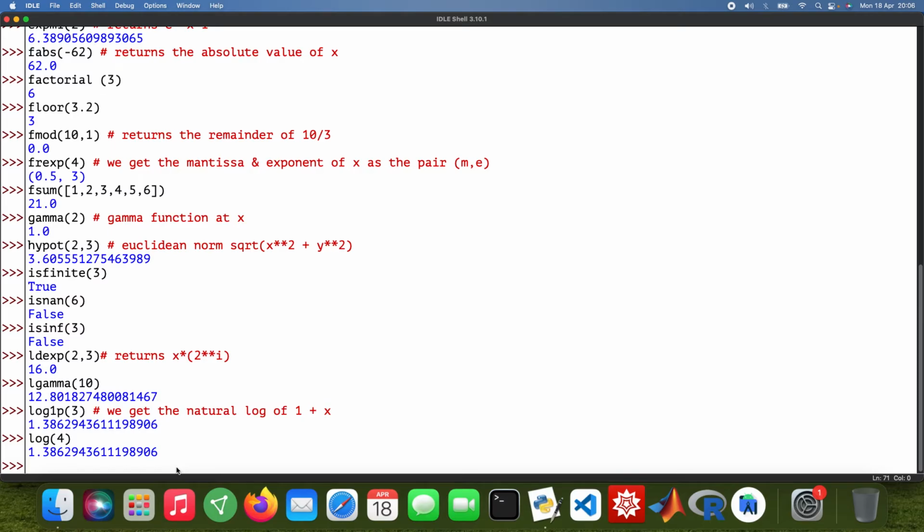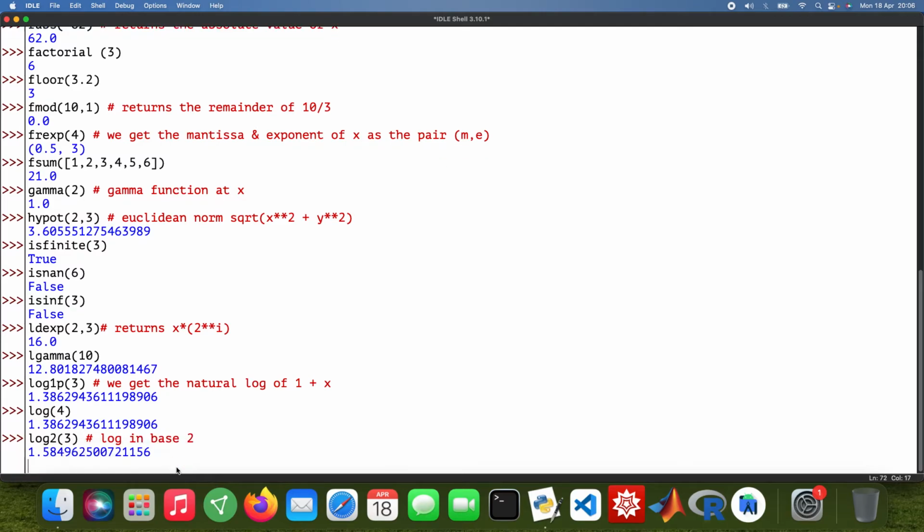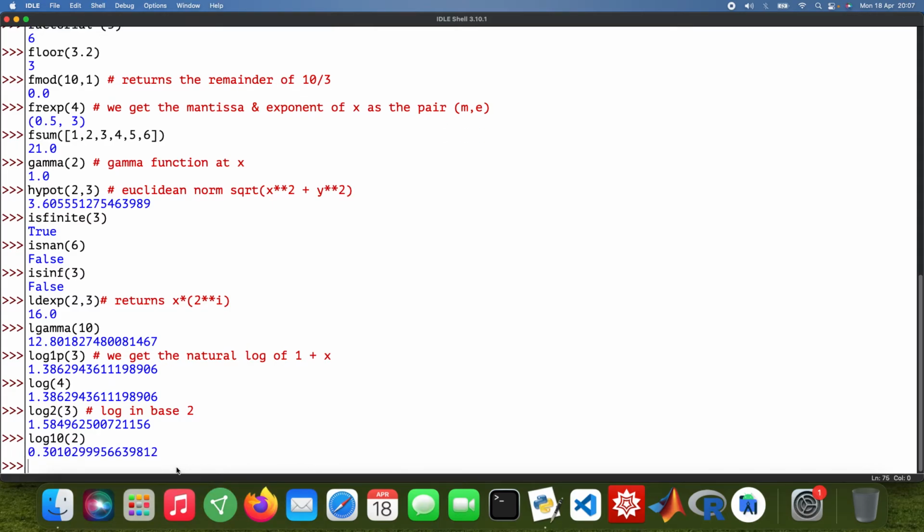And then log2, so the log in base 2. And then log10, that's the log in base 10 as well.